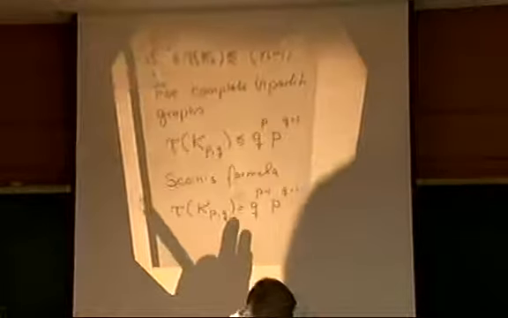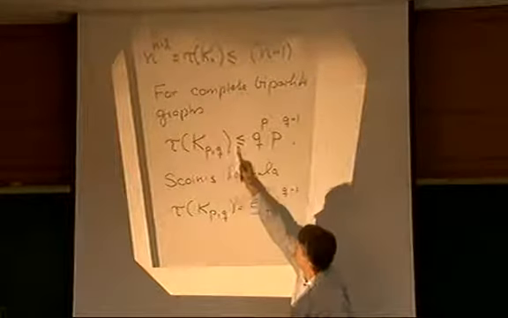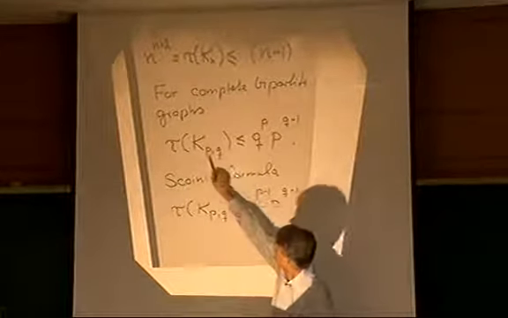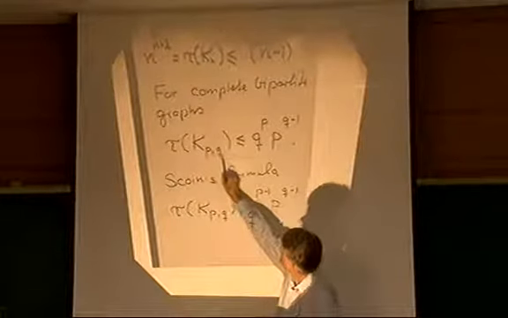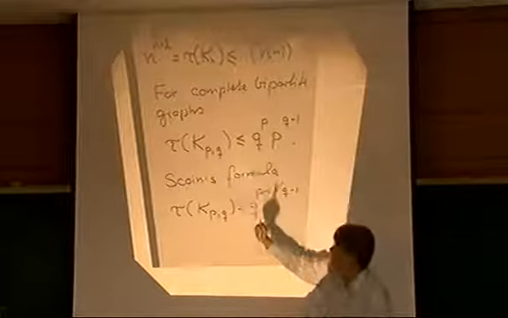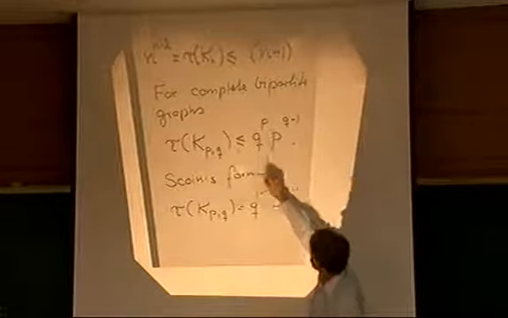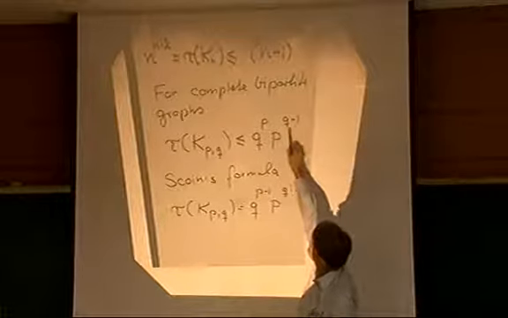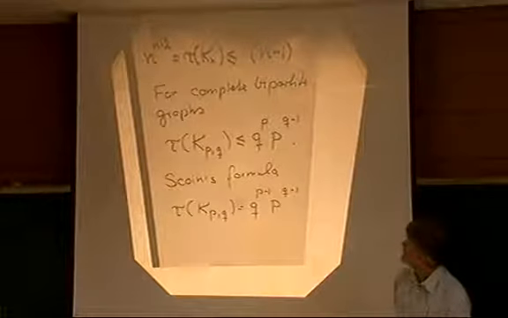Let's also try the complete bipartite graph. If you use the trivial lemma, then the complete bipartite graph with p vertices in one class, q vertices in another class, and let's say that p is the biggest, then you get q to the power p times p to the power q minus 1, because you are allowed to leave one vertex out in this formula.